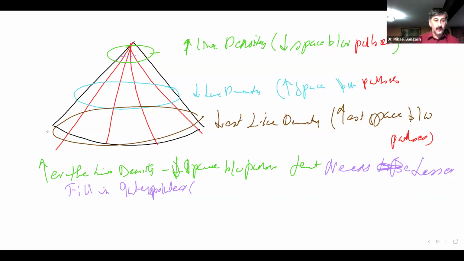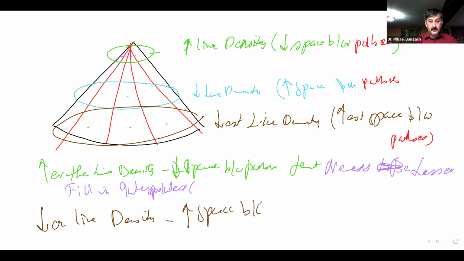Whereas if we go to greater depths, like here, or even greater depths, because of the greater space, we have a lower line density, which is due to greater space between the pulses.